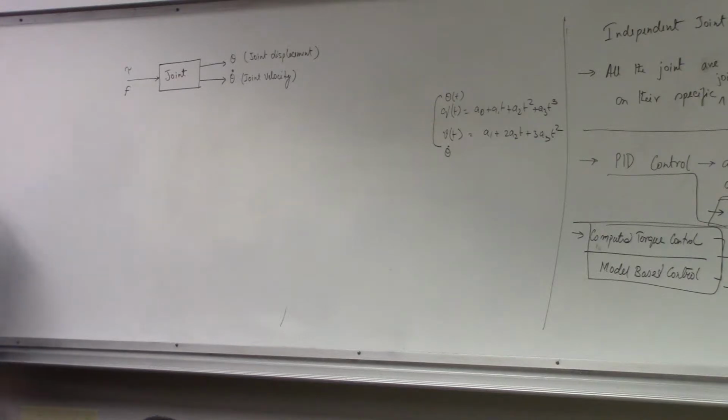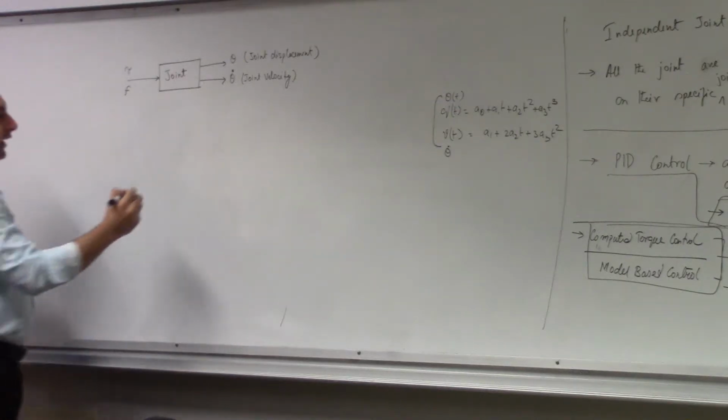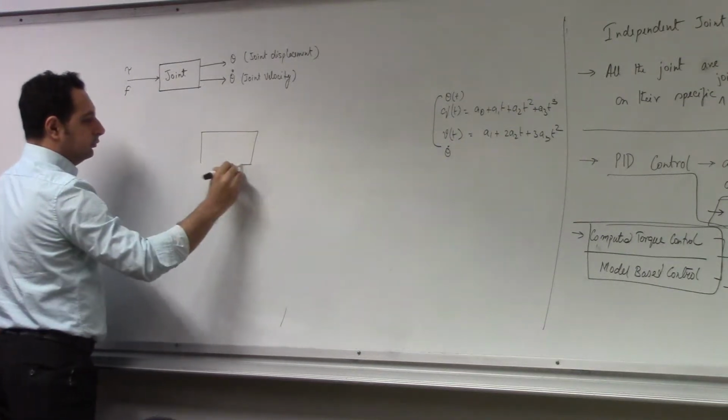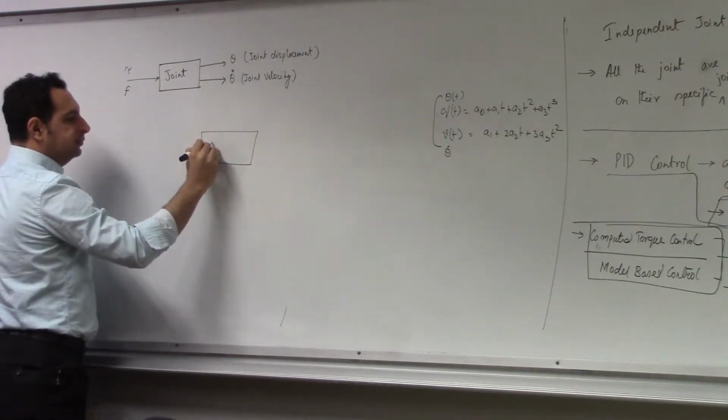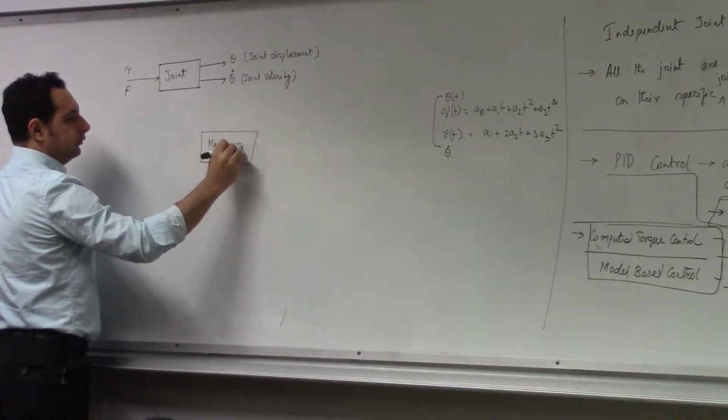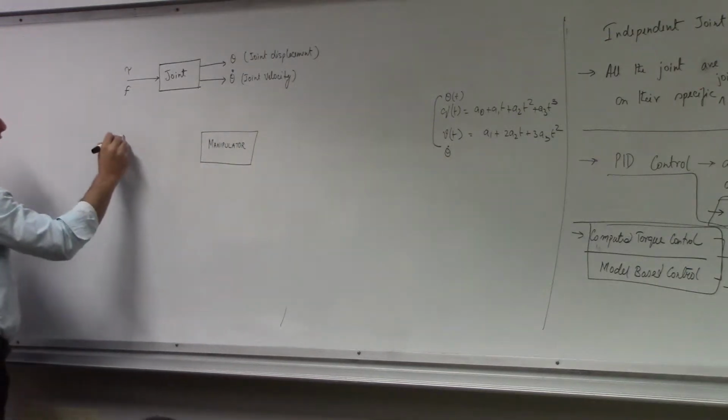All right, so if you want to do this, what we do is we add a controller here. This is my, let's say, manipulator. We'll add a controller here.